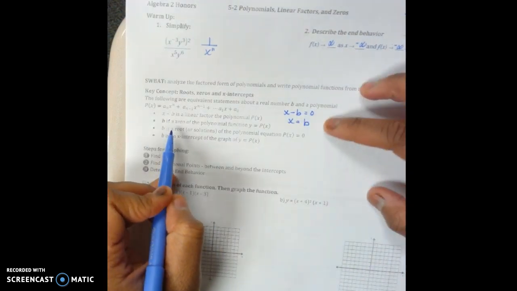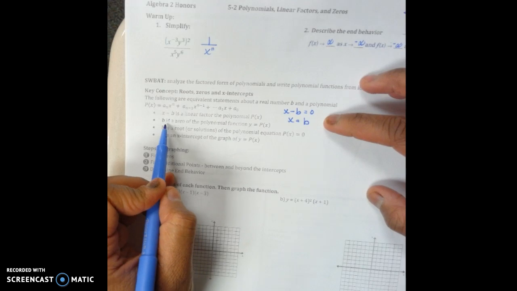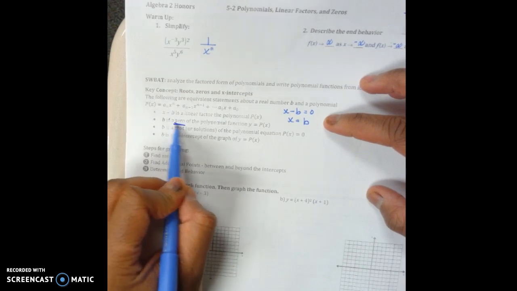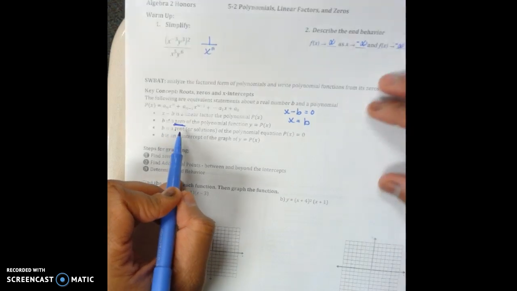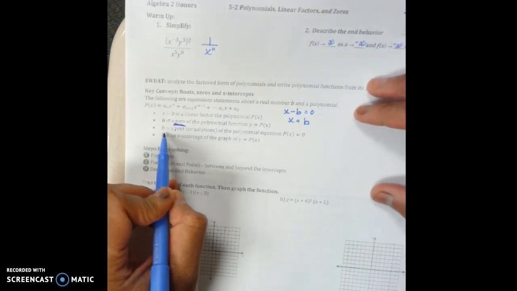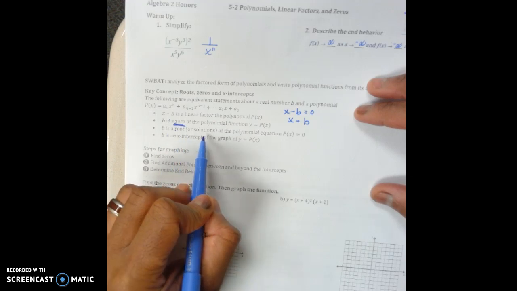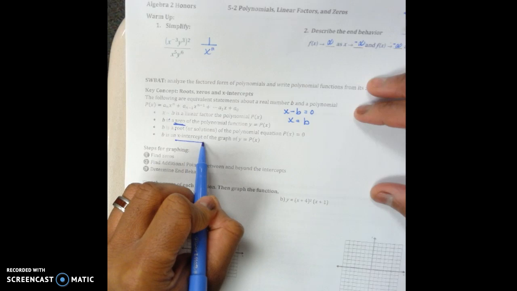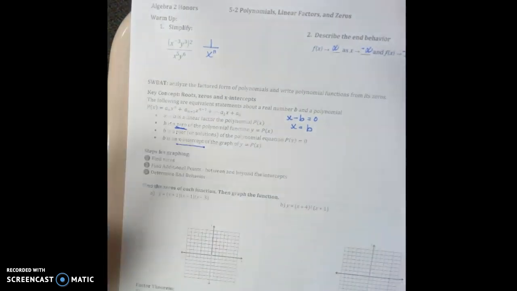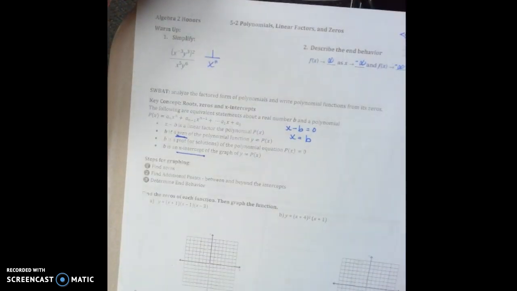That b that we have right here is the same thing as saying that b is a 0. That's why we use the 0 function when we're finding zeros or finding the x-intercepts on our calculators. It's also known as a root or solutions, and it's also known as the x-intercept. All of these words kind of are referring to the exact same thing, so don't get tripped up by that.